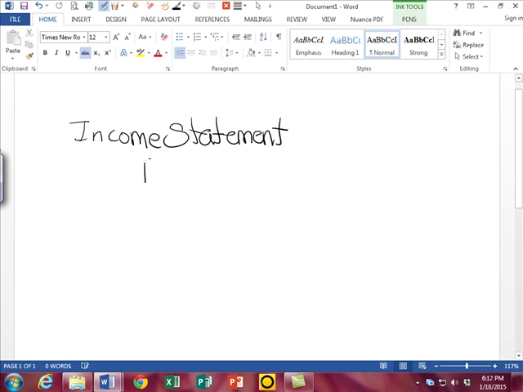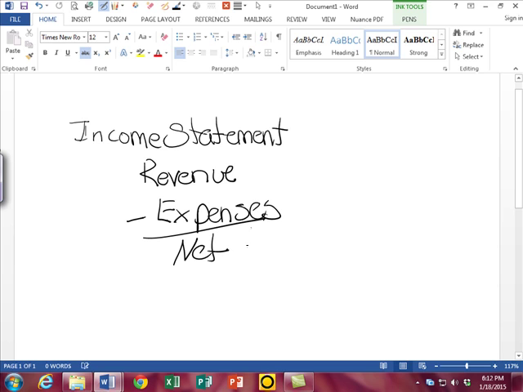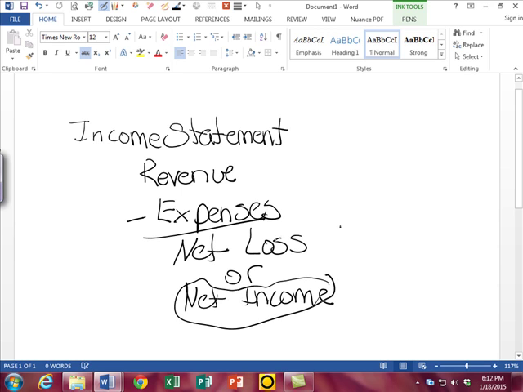Preferably, we're going to have a net income. If revenue is more than expenses, you're going to have a net income. If revenue is less than expenses, you're going to have a net loss. Ideally, we want a net income because that means we retained money after paying expenses.